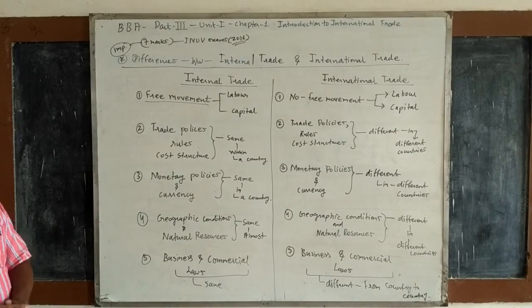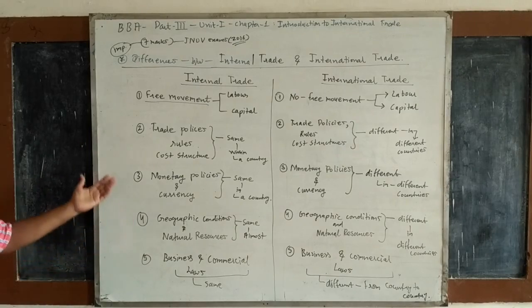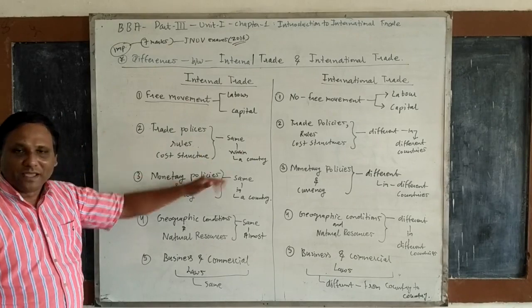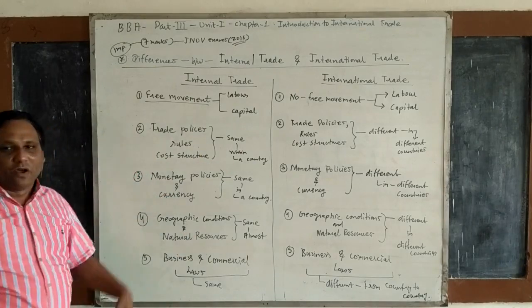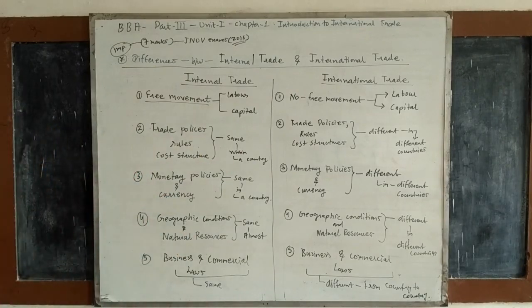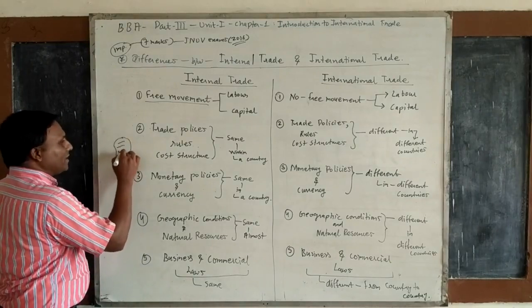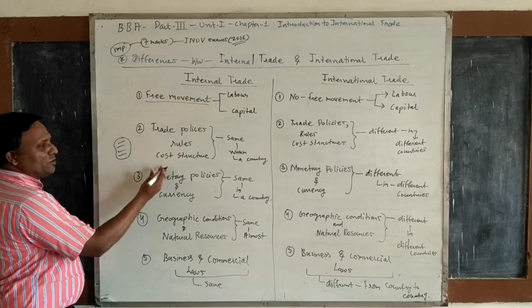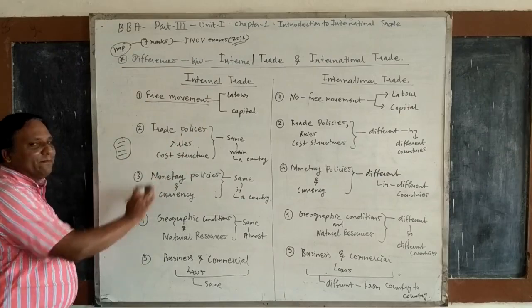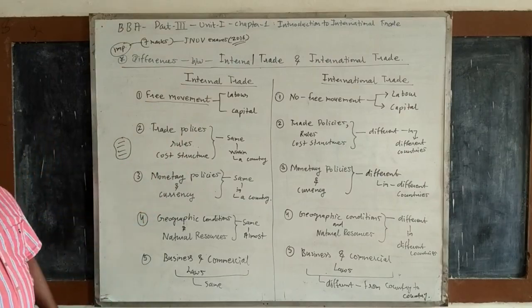Let's move on to the next. In internal trade, trade policies, rules, and cost structure are almost the same within a country. Within the boundary of a country, all these things are the same.